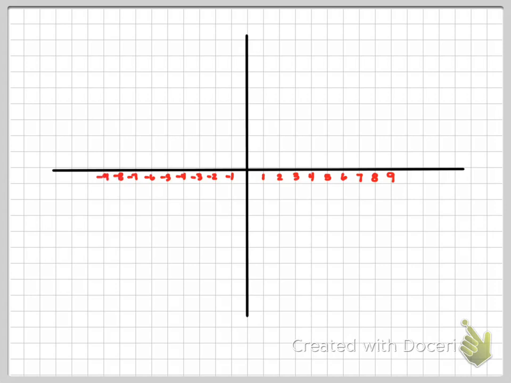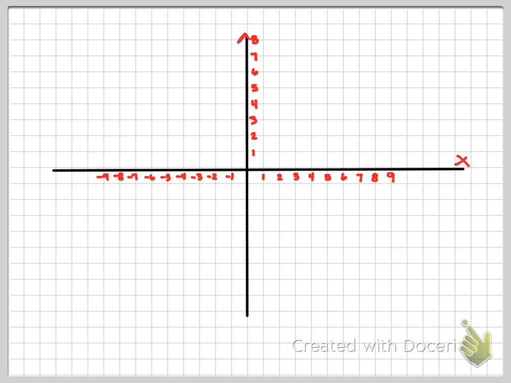I'm going to write a little x here so I remind myself that this is the x-axis. And then I'm going to start with my y values. Again, this is the origin, so it's 0, so everything above it is going to be a positive number. 1, 2, and I'm going to, again, go up to 9. Actually, I may just go up to 8.